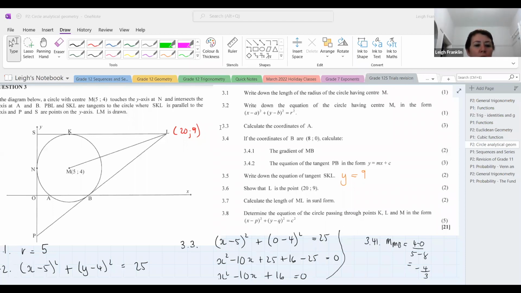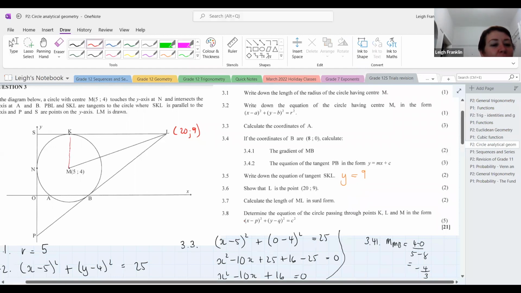There we go, Kanyisile: find the midpoint of L and M, because LM will be the diameter. There we go. All right, nice. So you were right about that, Cornelia, well done. Maybe that's just not what you were trying to say, but you were on the right track.